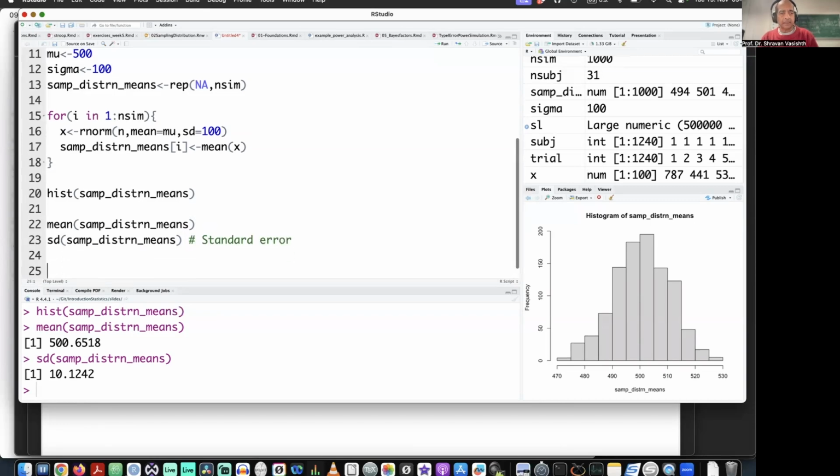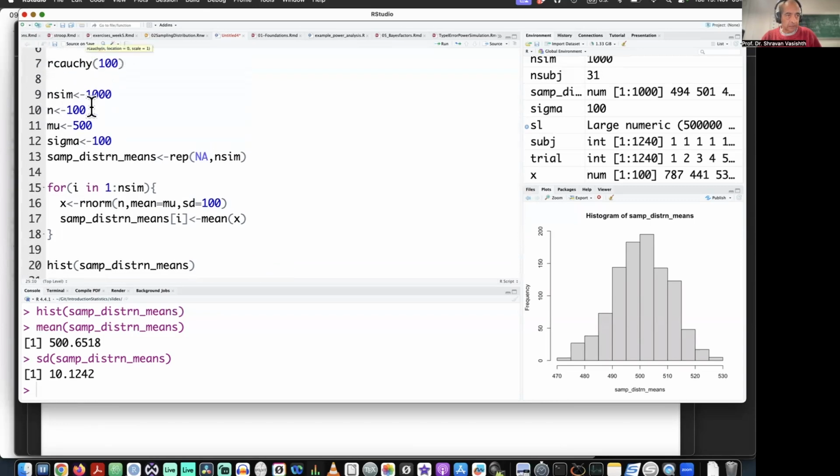And the standard error is basically the square root of the standard deviation. Sorry, it's not the square root. It's this quantity. It's the standard deviation of the underlying distribution that generated the data divided by the square root of the sample size, which in this case is 100, right?